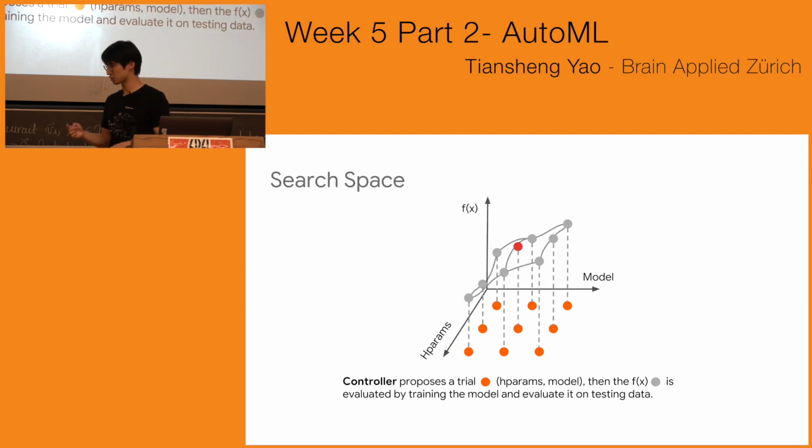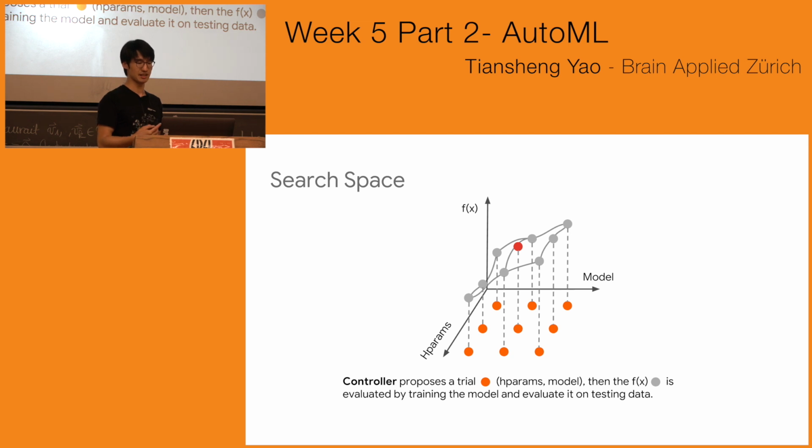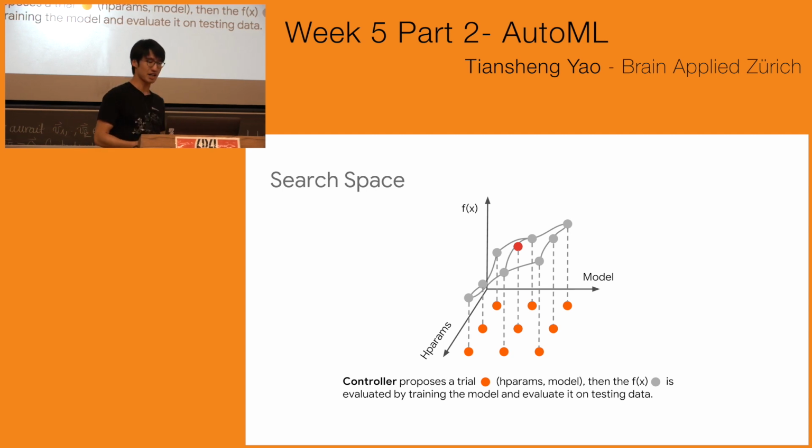So let's link this back to the search space of AutoML. In AutoML, 2 important search spaces are the hyperparameters and the model. Here we have a different terminology: we have a controller, which proposes a trial, and fx is the value of the function, obtained by training the machine learning model with the specific hyperparameters and model architecture.